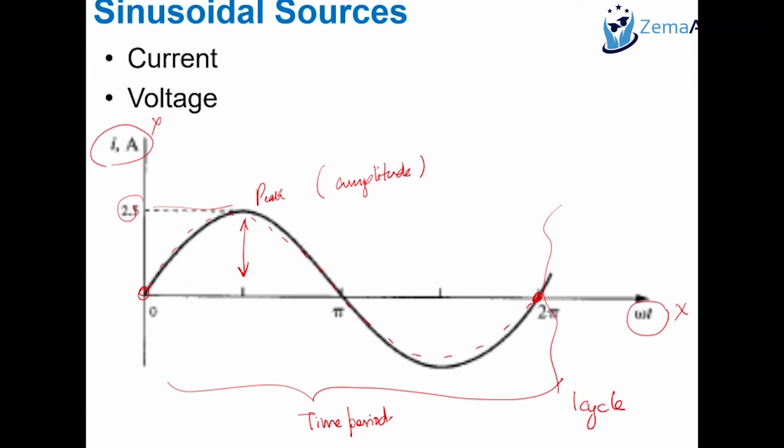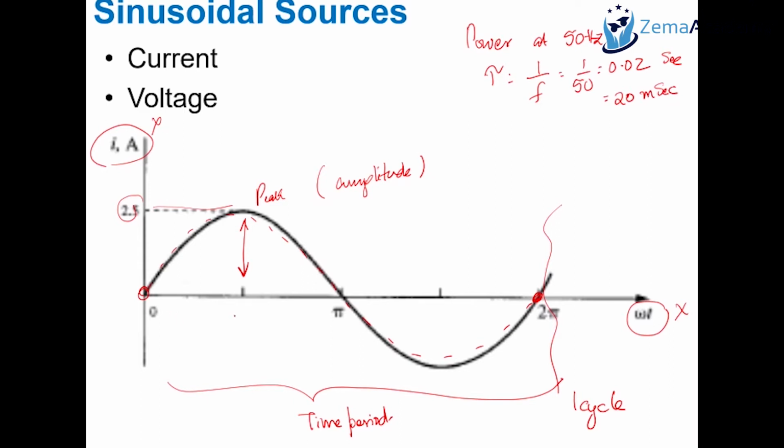And for a power signal at 50 Hertz, the time period is given as 1 over frequency, which is 0.02 seconds or 20 milliseconds.